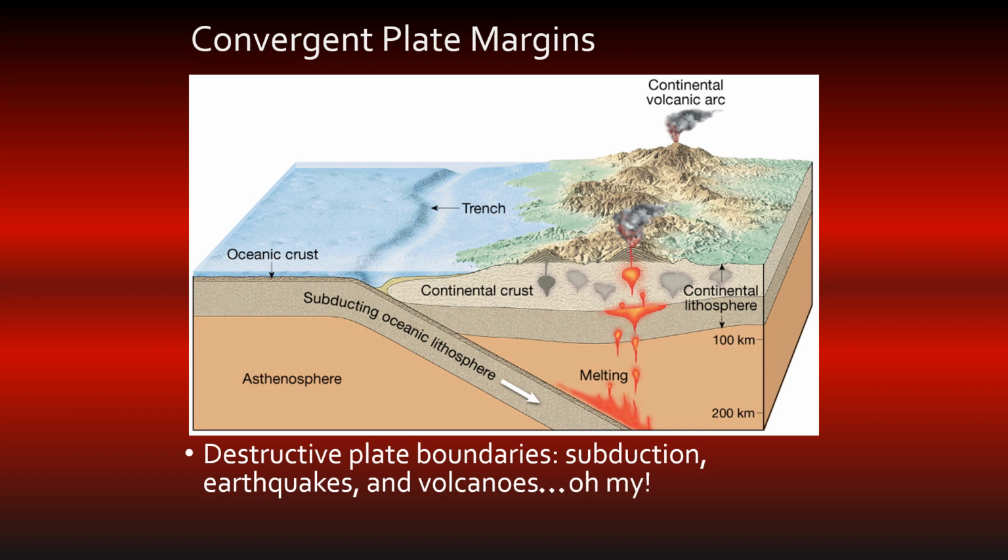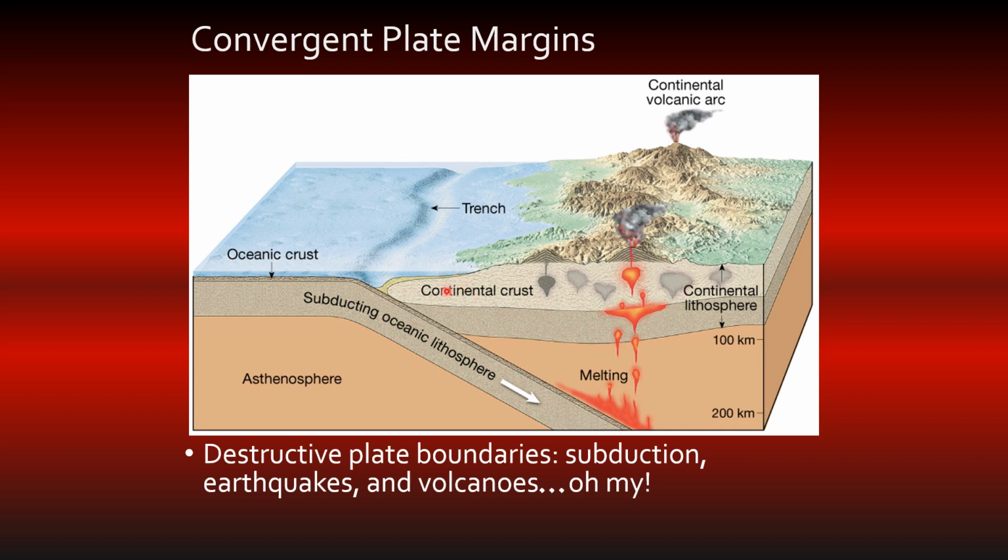So another type of plate margin is a convergent margin. Convergence is based on the word converge, that is move together or run into, and that's exactly what's happening here. There are three types of these, and the one you're seeing here is what we would call a destructive plate boundary because it has oceanic crust running into continental crust.